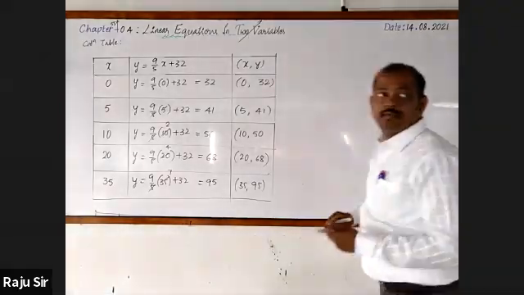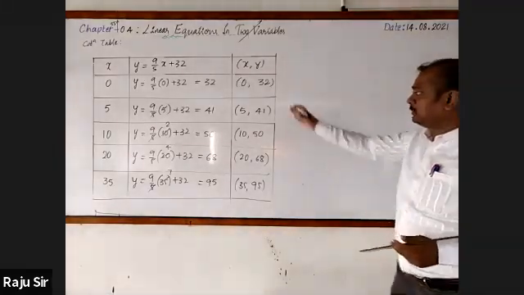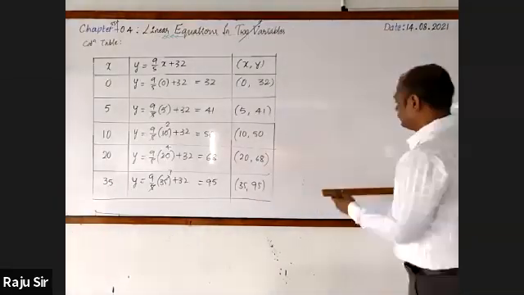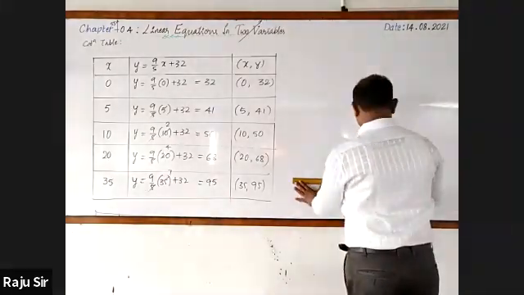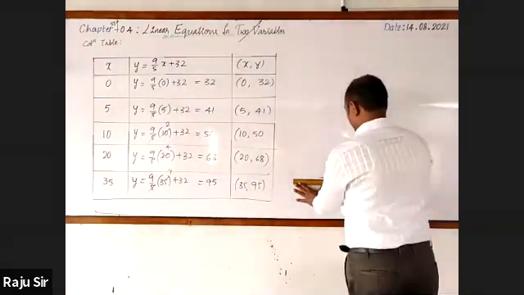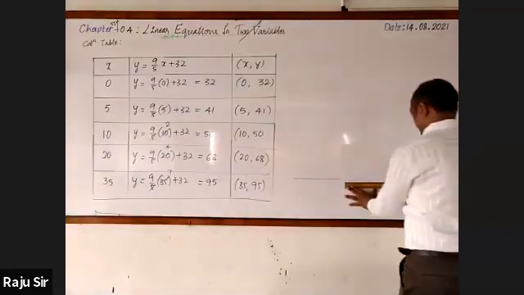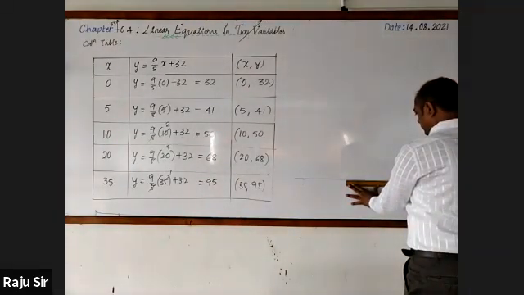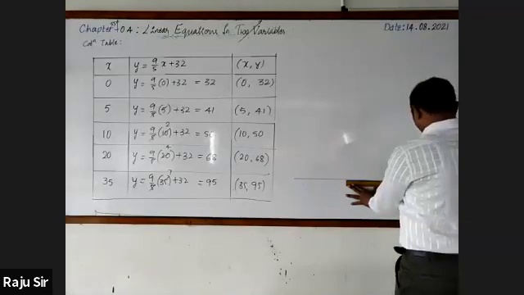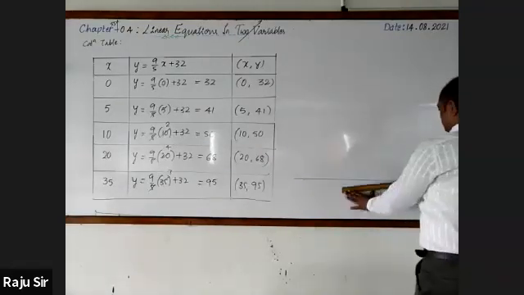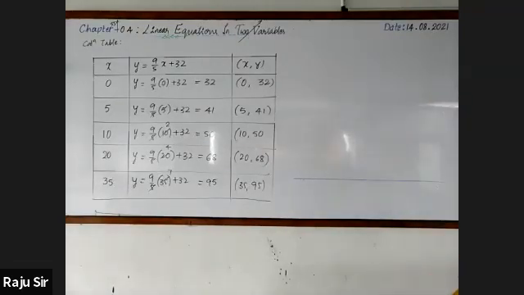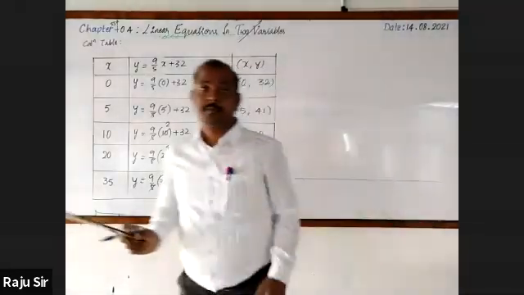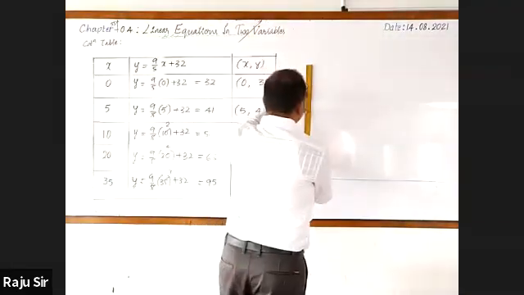Everything comes in the first quadrant only, all positive. So, draw X and Y axis. Please go on writing with me so that you can also finish the graph with me. Next, Y axis.